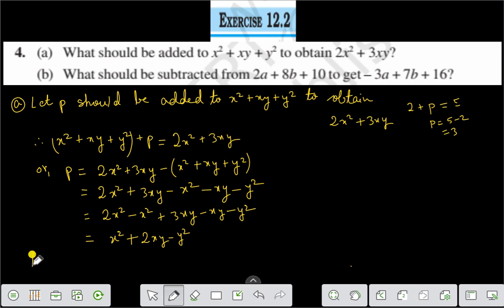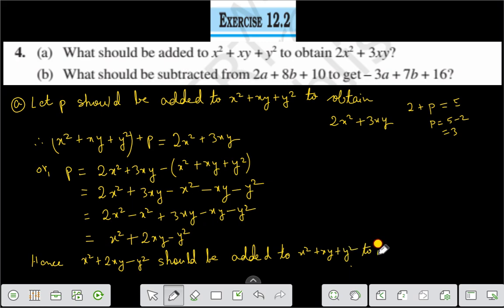Hence x square plus 2xy minus y square should be added to x square plus xy plus y square to obtain 2x square plus 3xy, right?